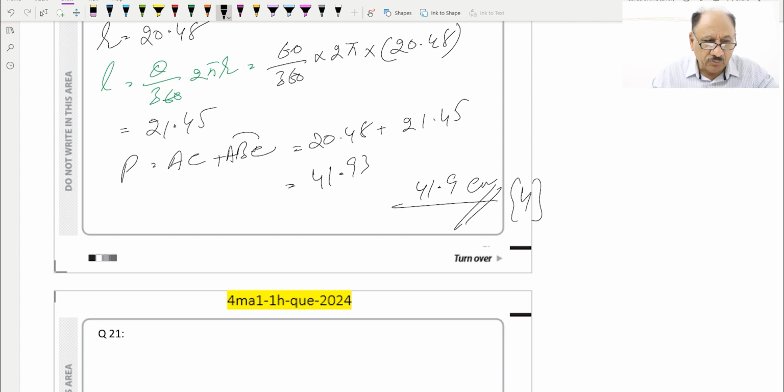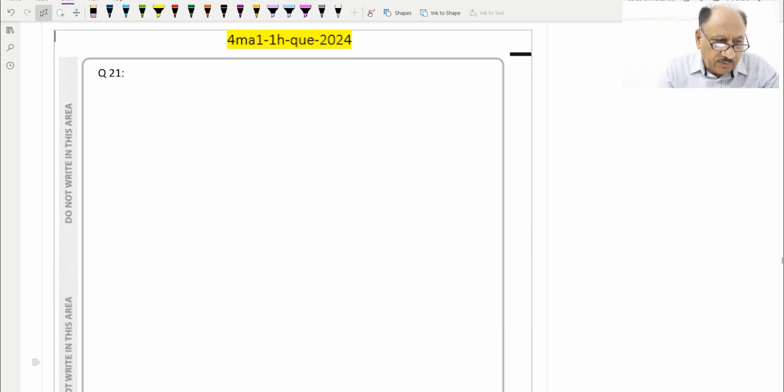Hopefully you understood this. Question number 21. A curve has equation y is equal to f of x, and there is one minimum point on this curve. The coordinates of this minimum point are 5 and minus 4.